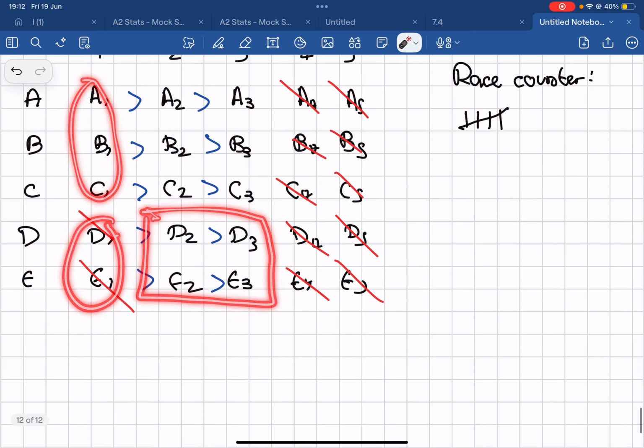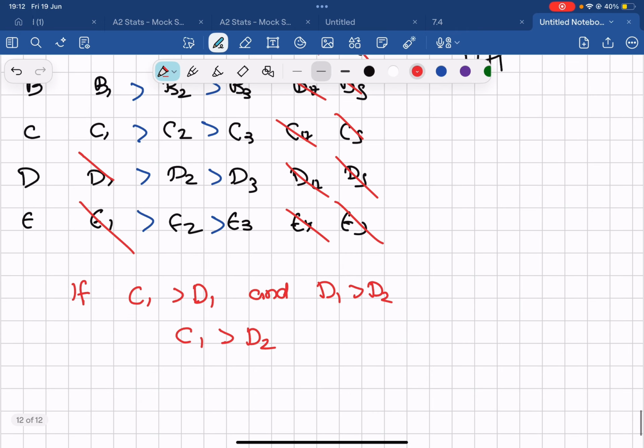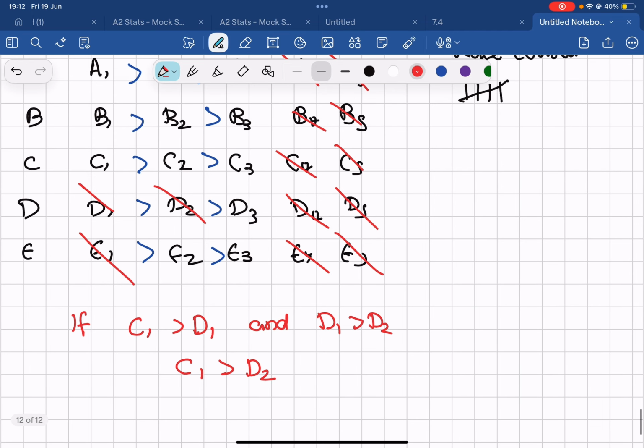Because if C1 is faster than D1 and D1 is greater than D2, C1 is greater than D2, and since C1 is currently in 3rd place, anything after that we just don't need to pay any attention to. So D2 can go.